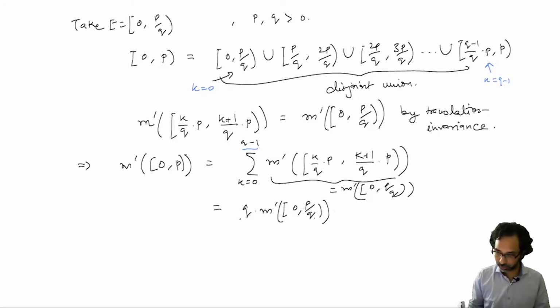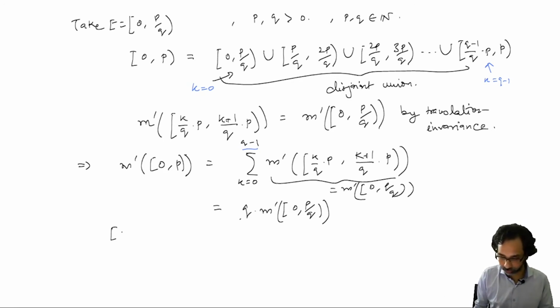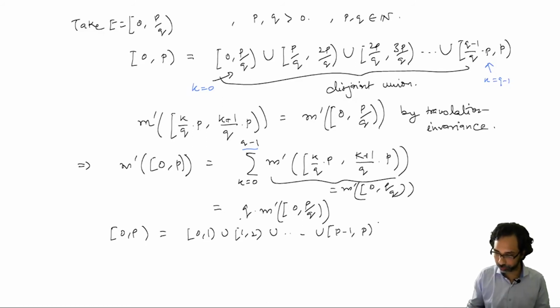Now for the left hand side, we can divide it in another way. Here of course p and q are natural numbers, because I am only considering rationals p by q. So p and q are natural numbers. So I am also going to write down 0 to p as 0 to 1 union 1 to 2 union up to union of p minus 1 to p.